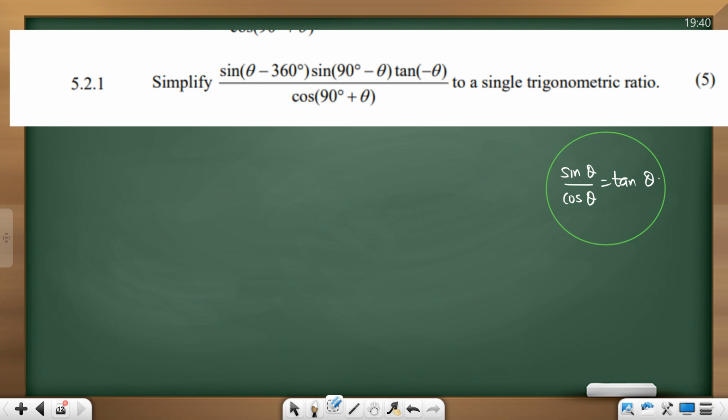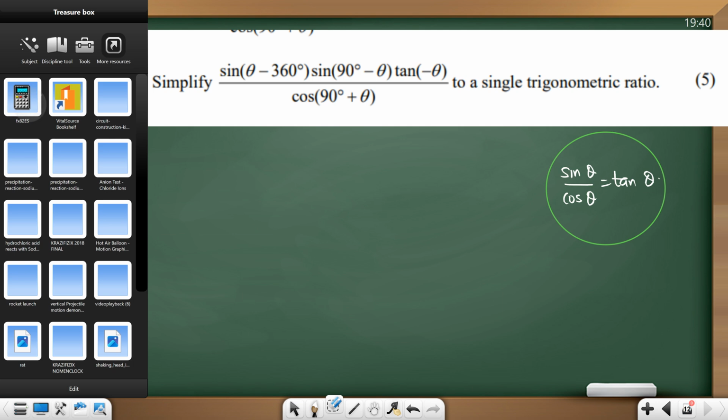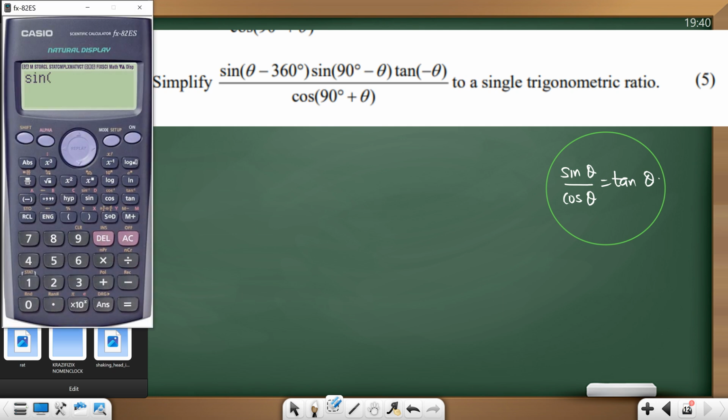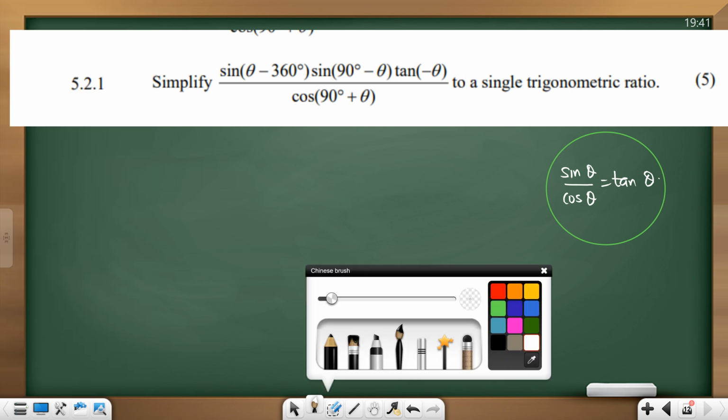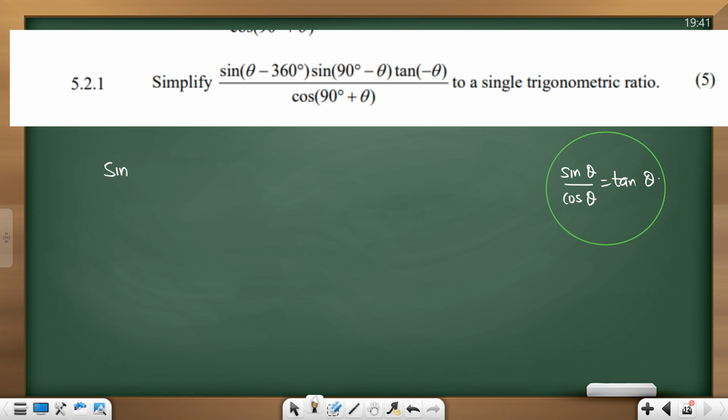Sine theta minus 360. I'll do this one for you. If I grab my calculator, sine 1 minus 360. Is it a positive or a negative? It's a positive. 360. Am I changing? I am shaking my head, so it means I am not changing. That is basically positive sine theta. I have 1 mark.